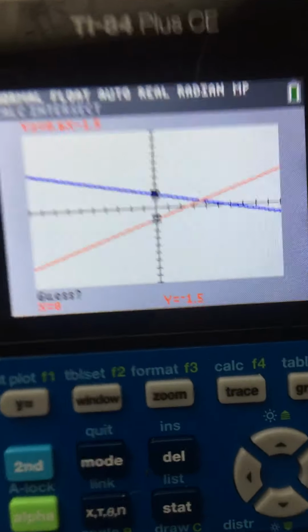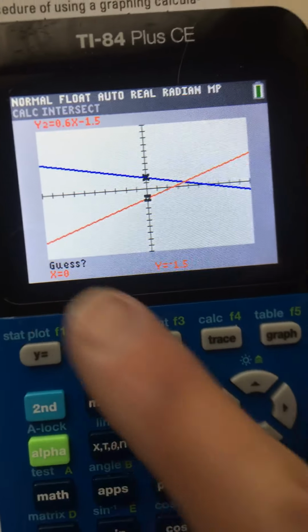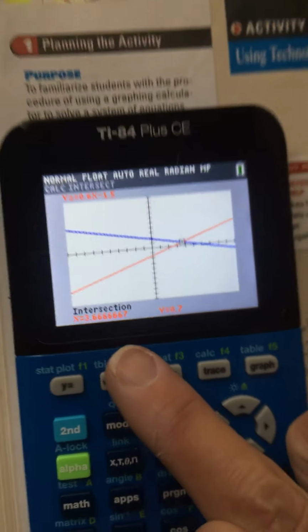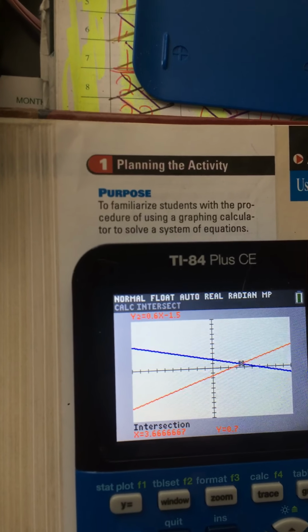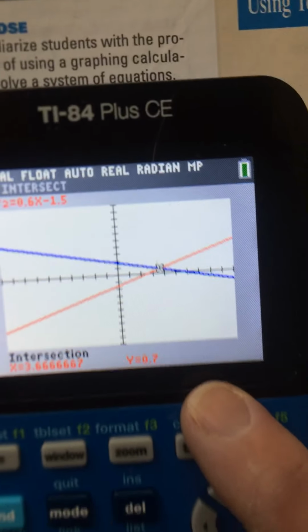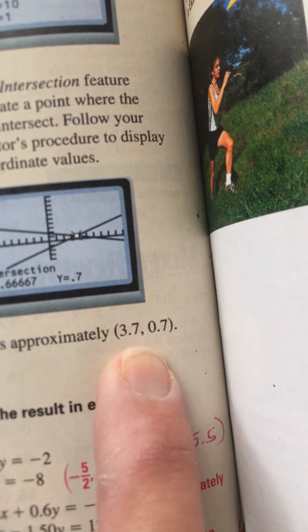Yes. So do I want them to guess? See where it says guess? Yes, I do. And it guessed that the answer is 3.66667, that's 3 2/3, and 0.7. So now we check and see if we got it right. Dun, dun, dun, we did. That's the ordered pair. That's the answer.